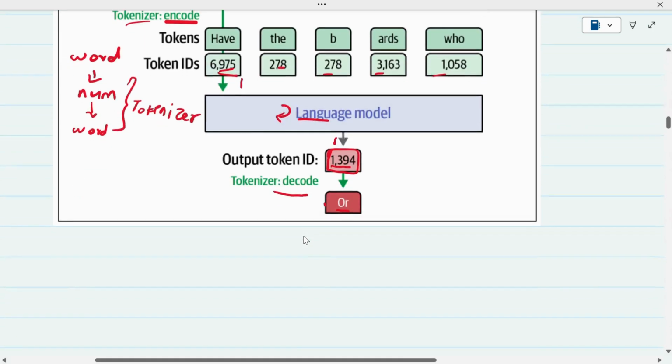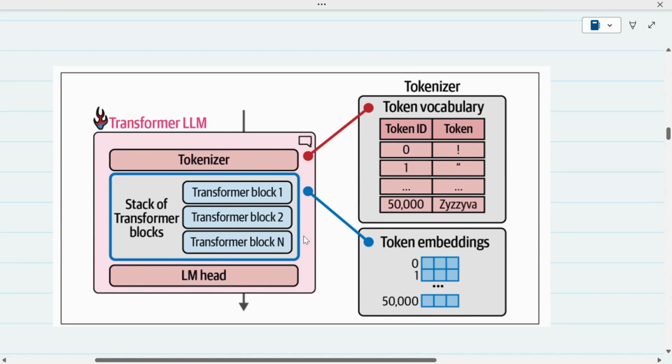So now you know what the tokenizer actually does. Here we have input text, and we convert it into token IDs. There is a vocabulary inside the tokenizer. The token vocabulary is the total number of different words and subwords known to the tokenizer. Here you can see 0 to 50,000, meaning a total of 50,001 words are known to the tokenizer, so it gives them IDs 0 to 50,000.